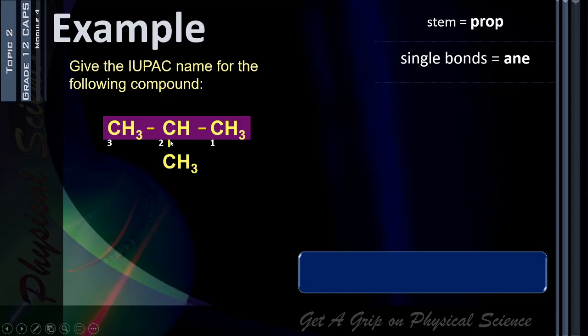Now there's only one alkyl group, which is a methyl because there's only 1 carbon in this alkyl group. So the alkyl group is on number 2. It doesn't matter if we number these carbons left to right or right to left, the alkyl group will be on carbon number 2. So we know the name of this molecule then will be 2-methylpropane.